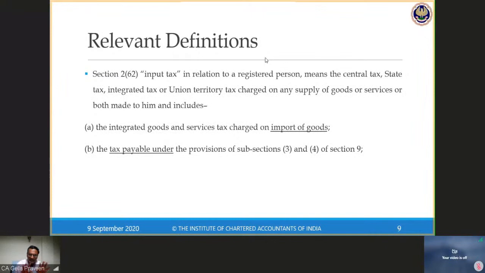Till now, I haven't paid that 18,000 to the government. Can I take the input tax credit of 18,000 in the month of April? Please let me know. I have received a bill in the month of April 2020 on which 18,000 is payable as reverse charge. Till September, I haven't paid that 18,000 to the government. Can I take input tax credit on that particular 18,000?